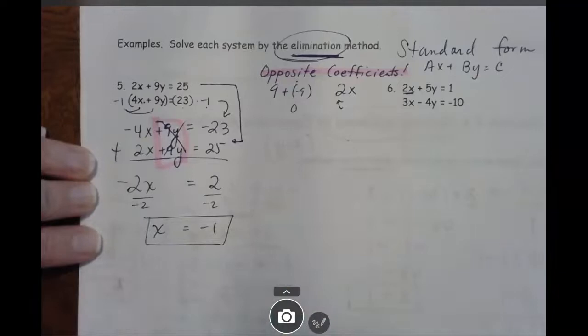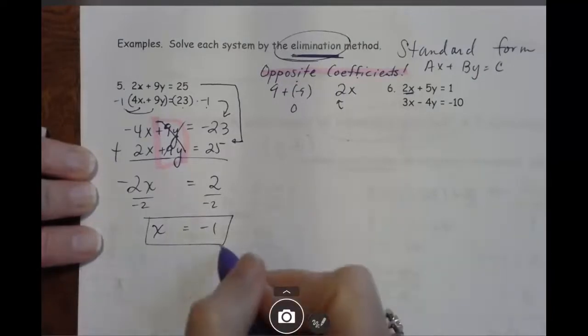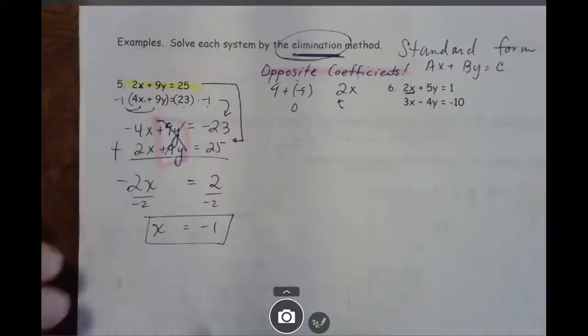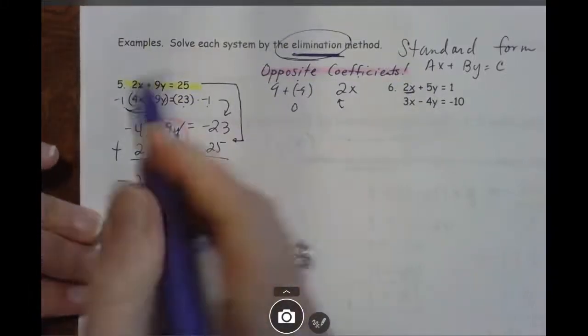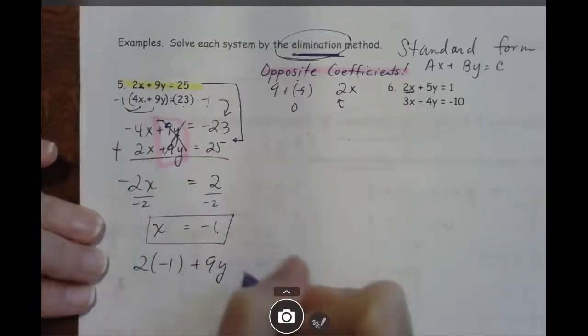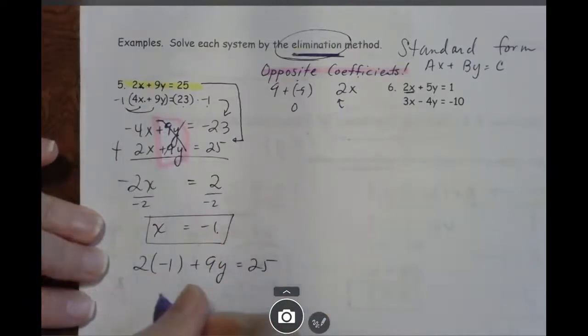Remember, we're not done yet, so we need to take that negative 1 for x and substitute it back in one of the equations. I'm just going to go with the first one because we haven't done anything to it. So 2 times x, which is negative 1, plus 9y equals 25.